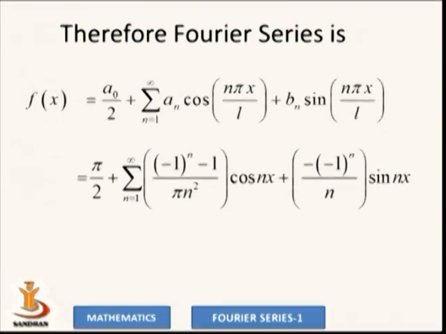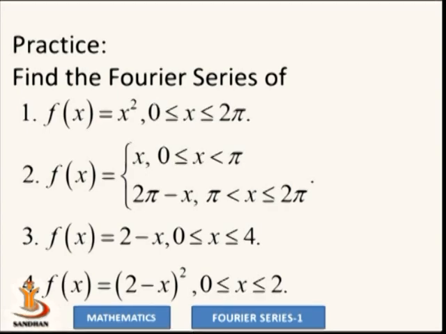So we found the Fourier series of these 3 examples, and let's try the Fourier series of some more examples. On the given slide, we give 4 problems with different limits: 0 to 2 pi, 0 to 4, 0 to 2, etc. For the first function, f of x equal to x square, 0 less or equal to x less or equal to 2 pi.